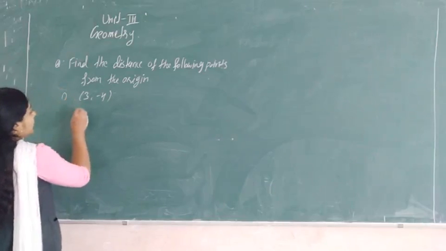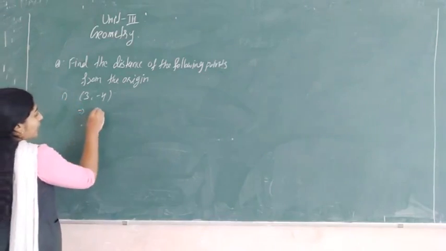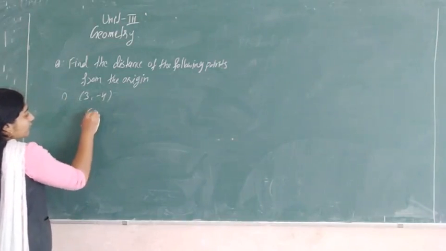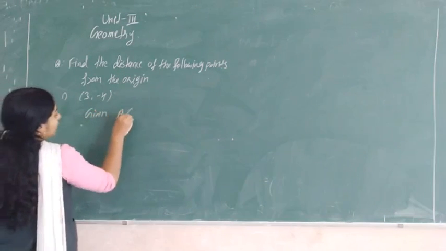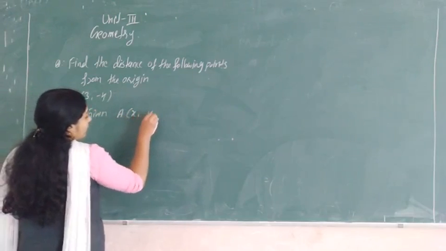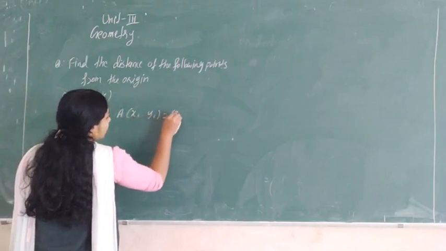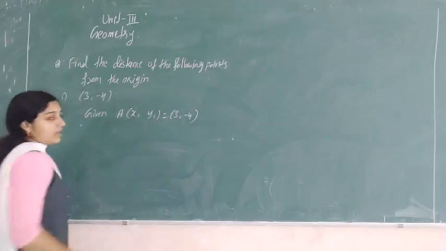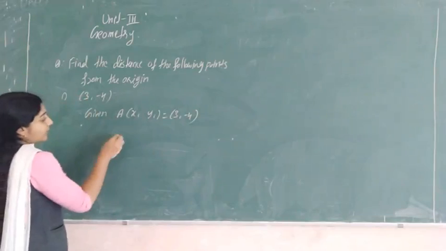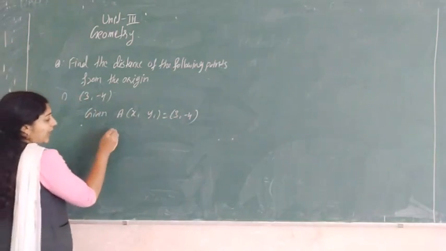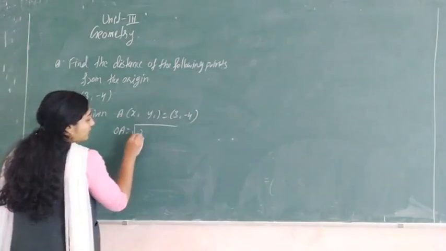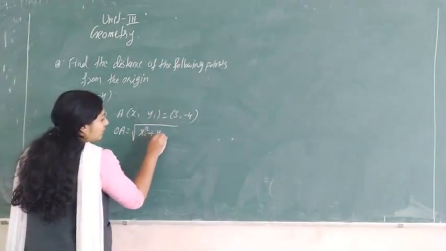Using the formula, let us denote the given point as A (x1, y1), which is equal to (3, minus 4). We want the distance from the origin, so the second point is (0, 0). But directly I can write the formula: OA is equal to the square root of x1 square plus y1 square.